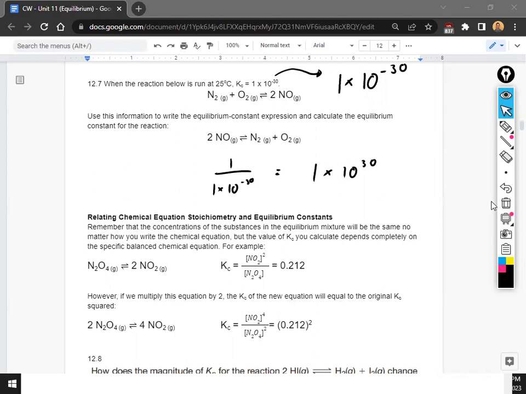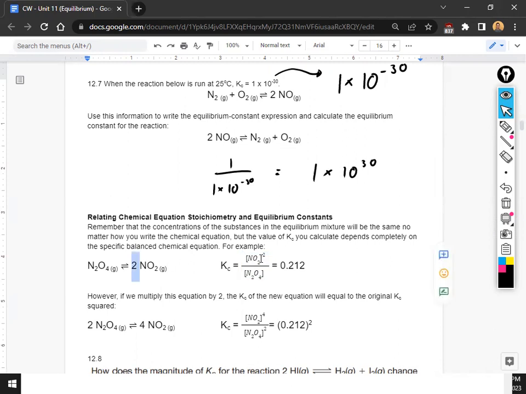Of course, my pleasure. Okay, so we're gonna add some other stuff to analyzing these equilibrium constants. Now, the equilibrium constant is going to depend on the stoichiometry of the reaction. If you guys remember, we use the coefficients to write the equilibrium constants, right?